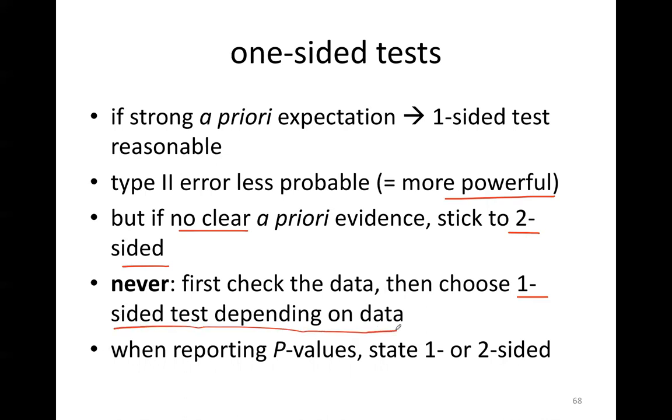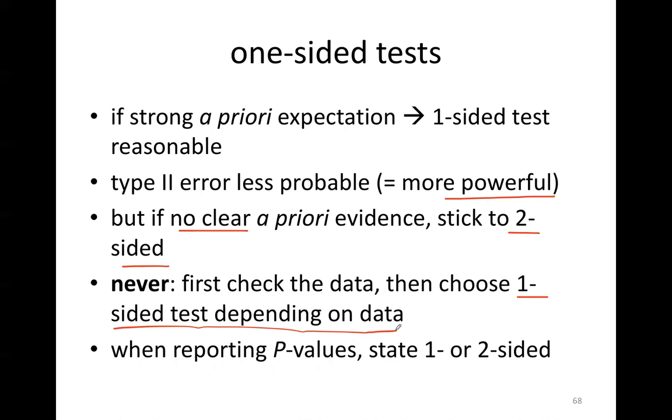That would be like cheating. This is important: if you don't really have a good reason to expect left-handed or right-handed toads to be more frequent, and you first collect the data and then say, I run a one-sided test, this is not good.